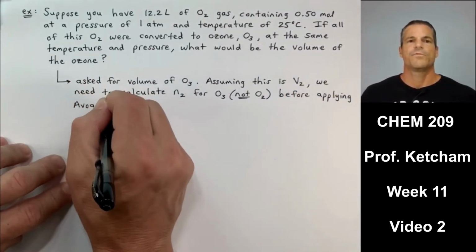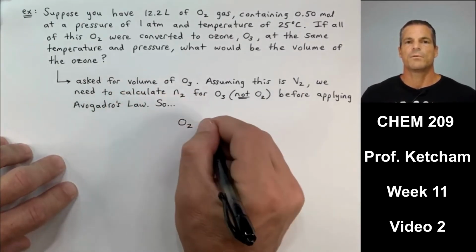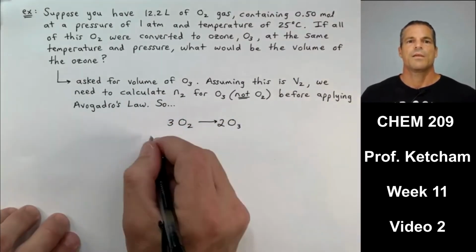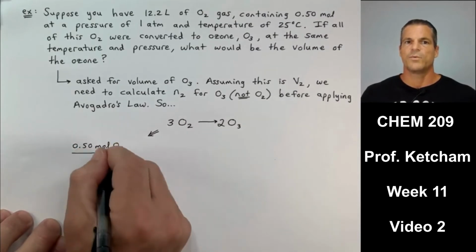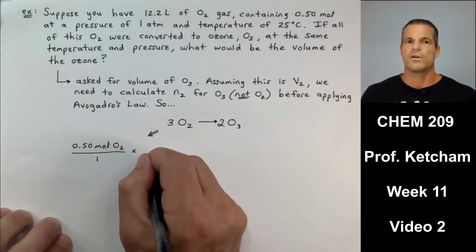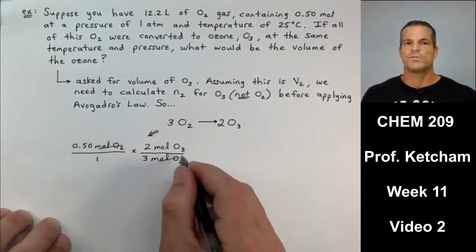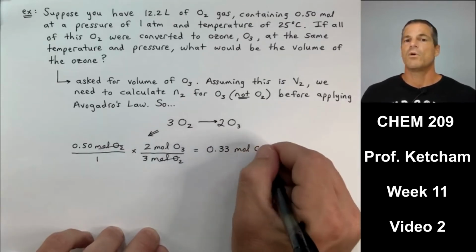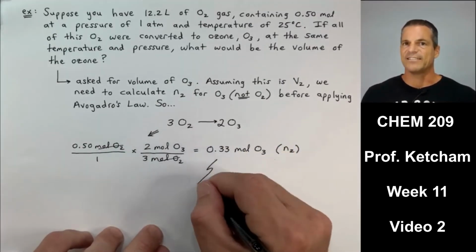So before applying Avogadro's law here, we have to do a simple chemical reaction, balance it, and start with what we're given, put it over 1 because we assume all the O2 is converted. 0.50 moles of O2. For every 3 moles of O2 in the balanced equation, there are 2 moles of O3, giving 0.33 moles of O3. That's how much O3 we have at the end.